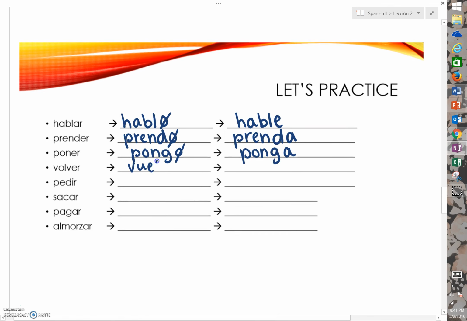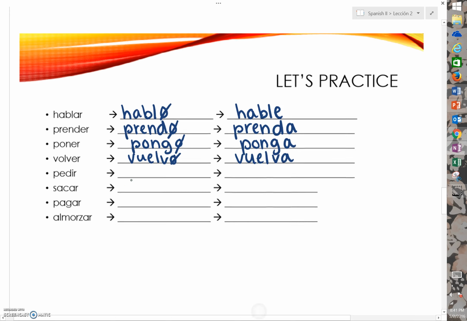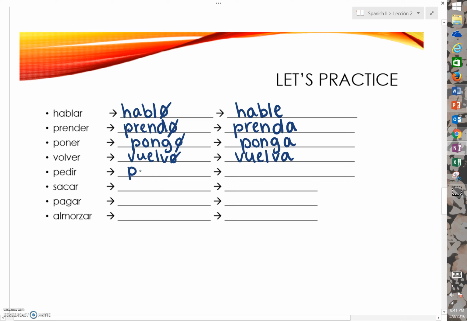Volver is a stem changer, so we're going to drop our o and add the opposite. Pedir is another stem change, so we get pido, drop the o, add our opposite ending, which is an a. Then we've got three examples of -car, -gar, -zar verbs. Sacar in the yo form is saco.